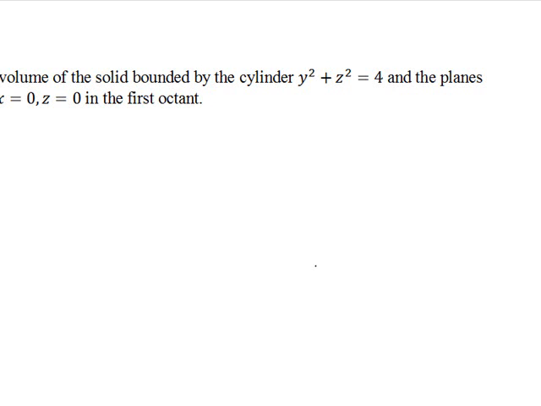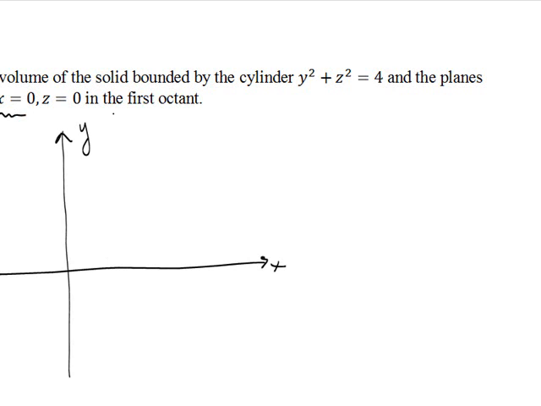Let's do that. The first thing, draw what you can in the xy plane. There are two things we can draw here. We can draw x equals 2y, we can draw x equals 0. And by the way, x equals 2y is the same thing as y equals x over 2.